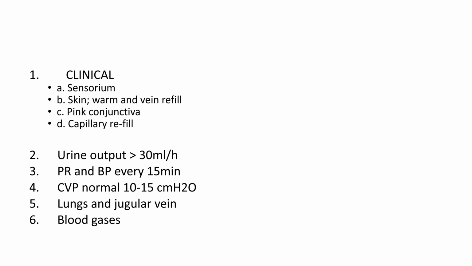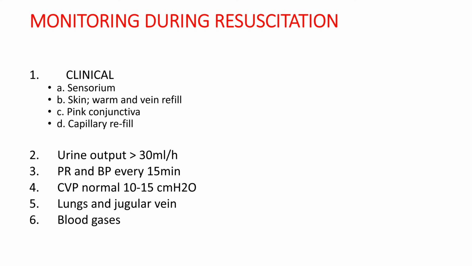Pulse rate and blood pressure are examined every 15 minutes. The central venous pressure is maintained between 10 to 15 centimeters of water. The lungs are frequently auscultated to avoid fluid overload. Arterial blood gases are also monitored.